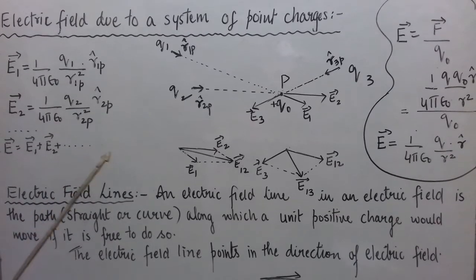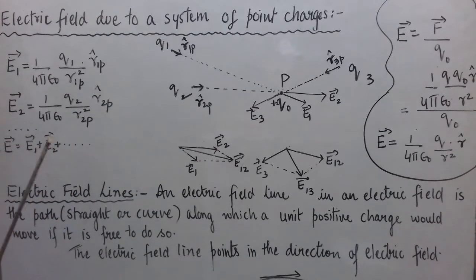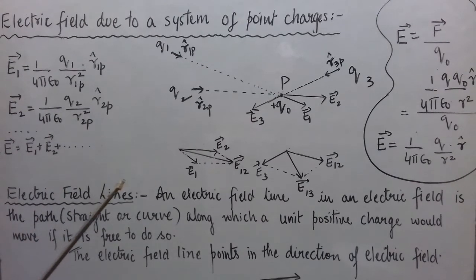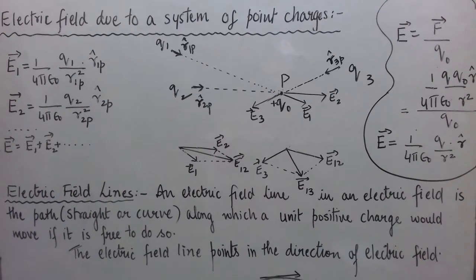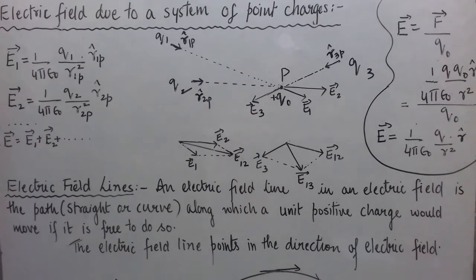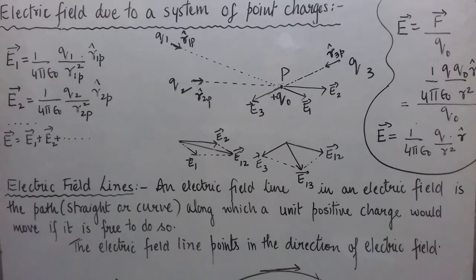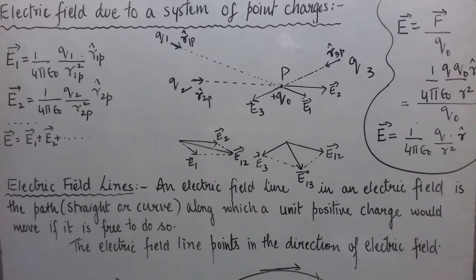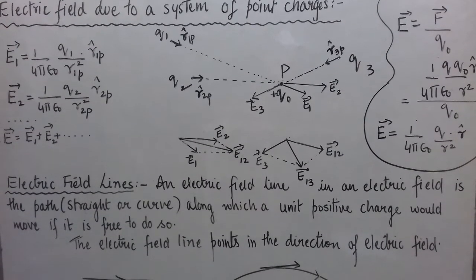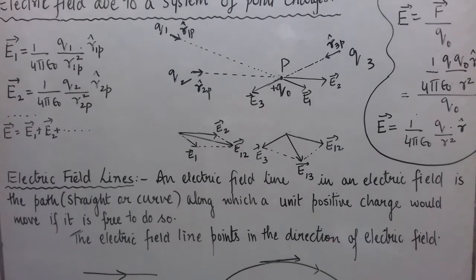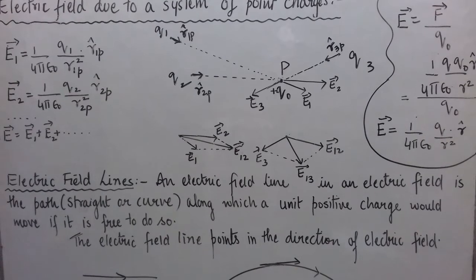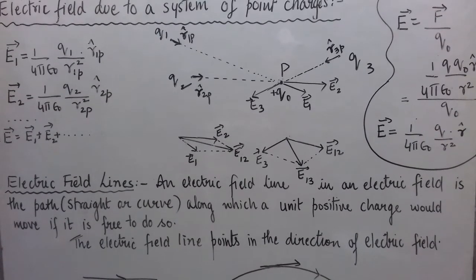Now, in your 10th class, you have studied magnetic field, and you have also studied how to represent the magnetic field by using magnetic field lines. Hope you remember you had drawn the magnetic field lines of a bar magnet, around a straight current carrying conductor, or around a circular current carrying coil or loop, and the magnetic field inside a current carrying solenoid.